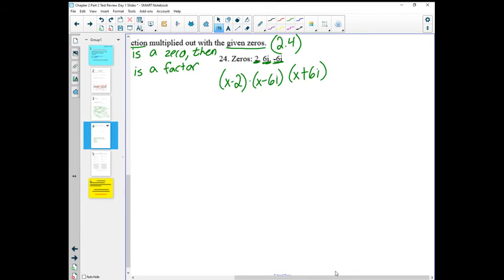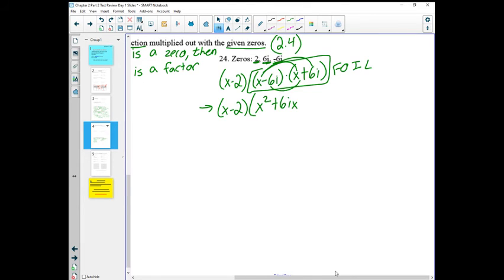Now to simplify this, I'm just going to FOIL. We talked about in class, though, it's best to work with the imaginary part first. So I'm actually going to go ahead and FOIL the imaginaries through first. x times x is x squared. x times 6i is positive 6ix.